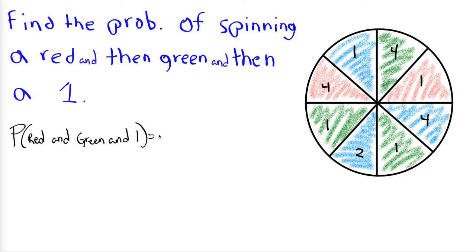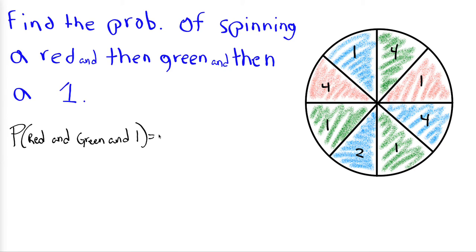Like, because if I spin a red and then I spin a green and then I spin a 4, that's not the right thing it's asking. So the dependent and independent takes into account the order within the formula, where when you multiply out the probabilities, that's how it takes into account the order, I guess.